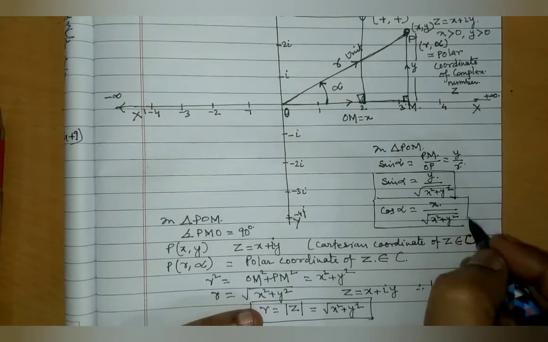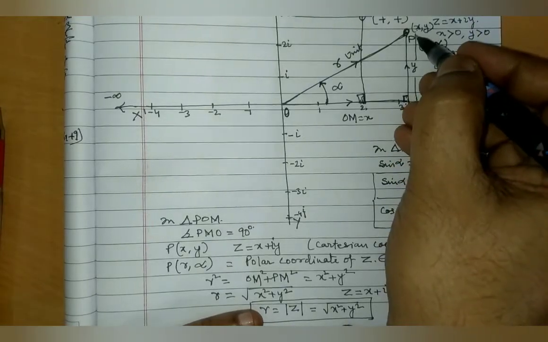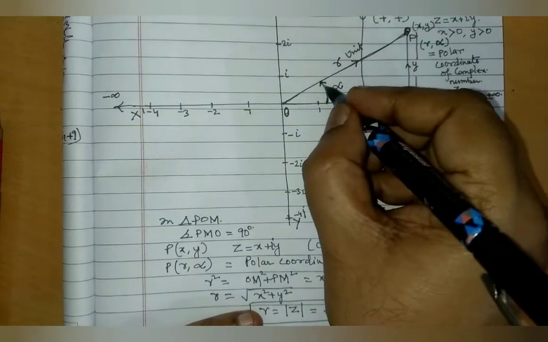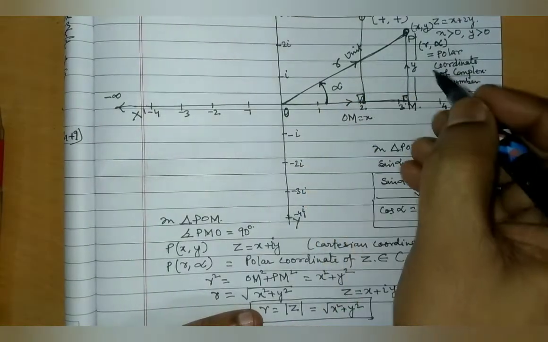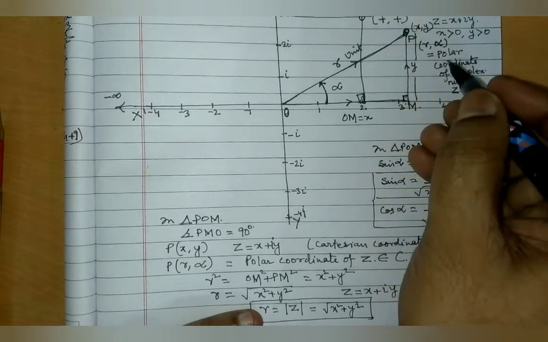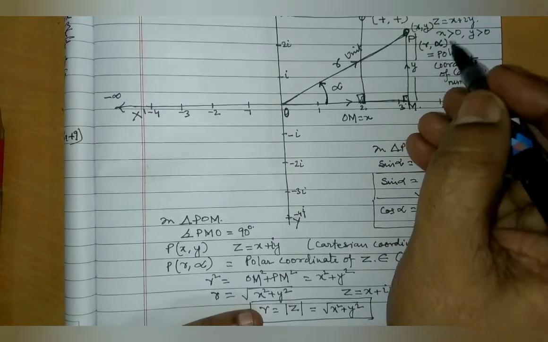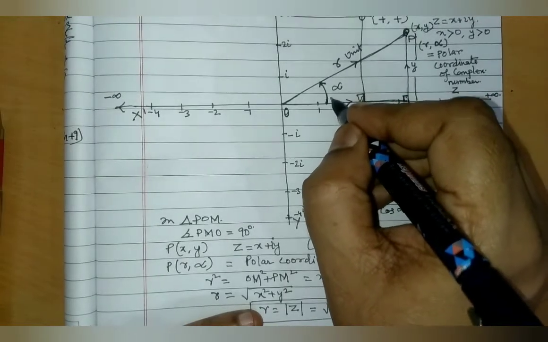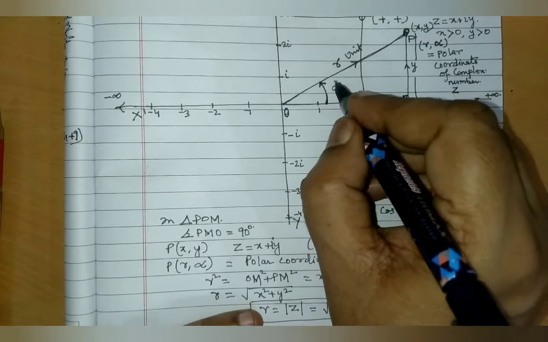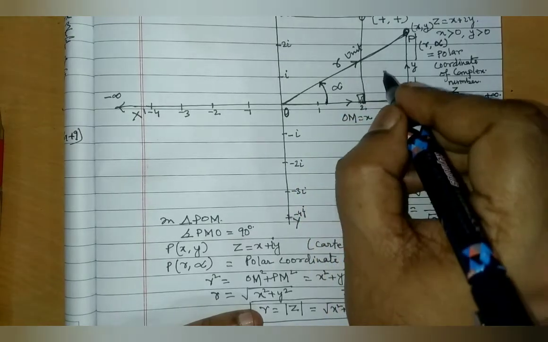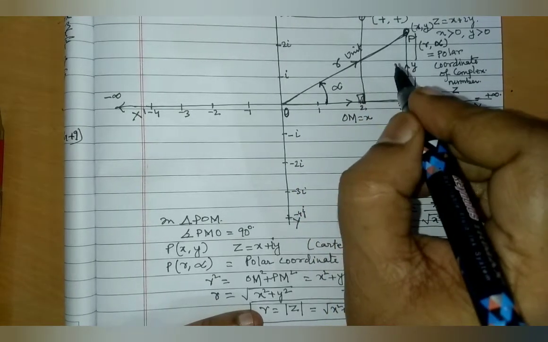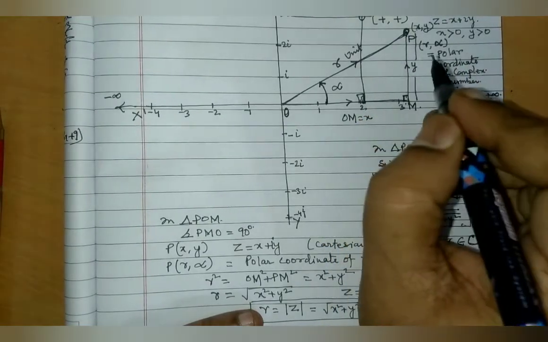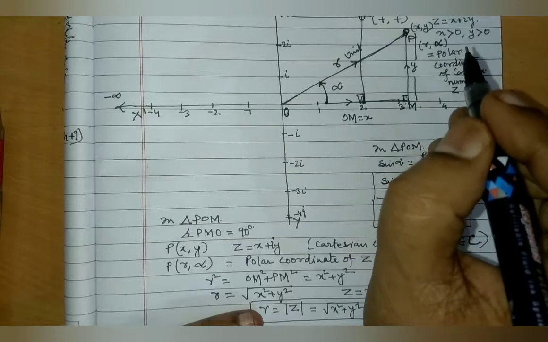And now if the complex number lies in the first quadrant, then alpha is an acute angle, and alpha is the angle formed in anti-clockwise direction. Any angle formed in anti-clockwise direction, as trigonometry of class 11 first chapter says, is a positive angle.